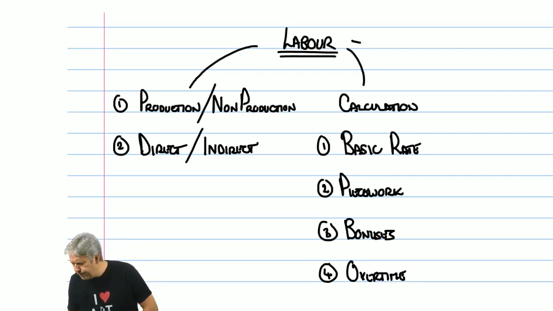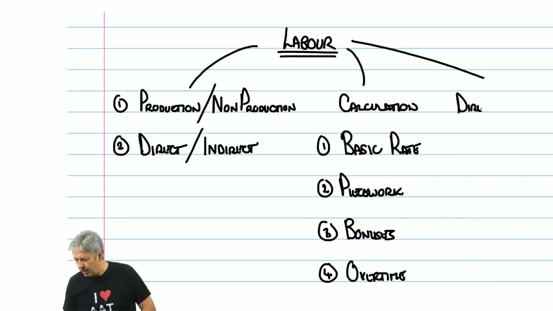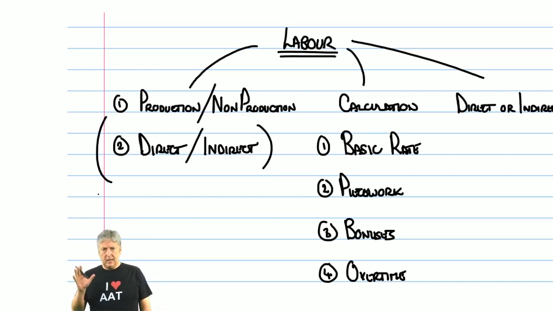And then further to that, we have the joy of looking at the issue as to whether the labour is direct or indirect. Now, you could say, well, hold on a moment, Rob, you just mentioned this. But what I was trying to discuss over here is that some labour is indirect to begin with, and that's no problem.